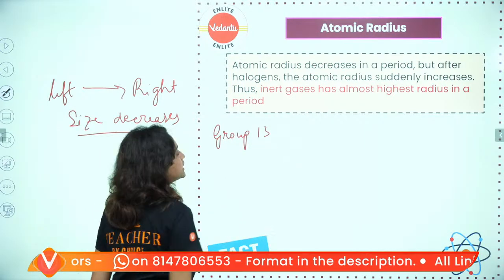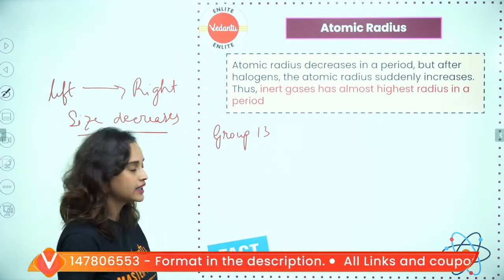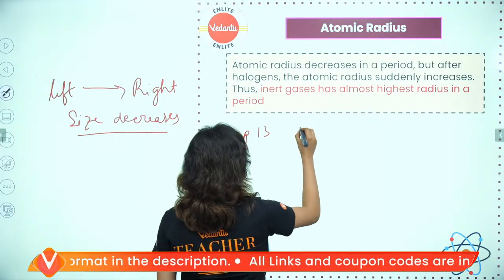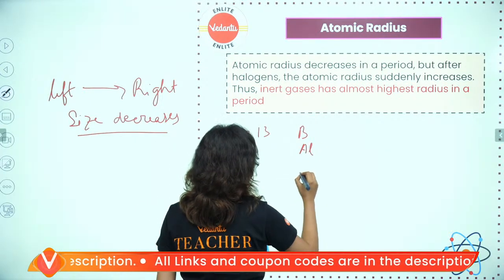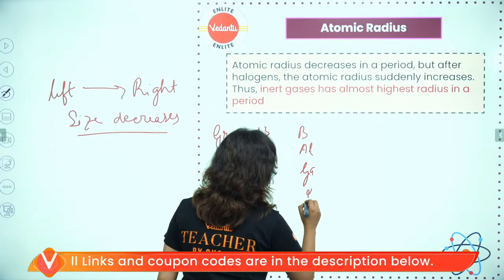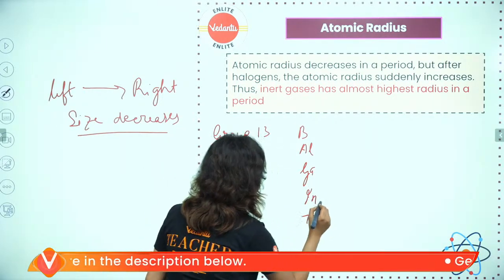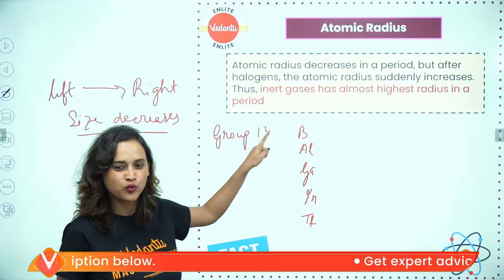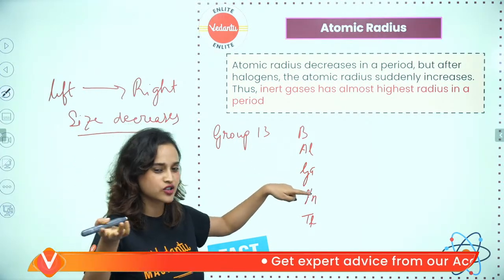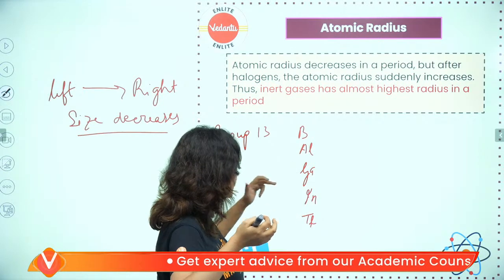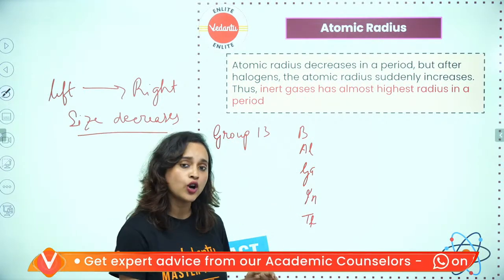Group 13, that is the boron family, correct? So what do we have? Bal Gangadhar Indian Tilak, that's how I remember it. If you want to learn it some other way, that's also fine. So it is boron, aluminium, gallium, indium, and thallium. Now, what do we expect?